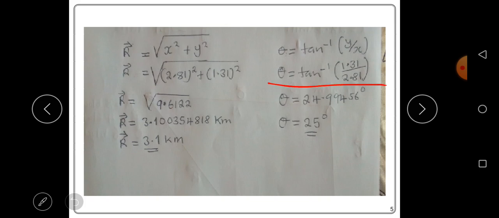When you replace and punch on a calculator, we get 24.99456 degrees, which in two significant figures is theta equal to 25 degrees. So at this point, we can also say that what we found is correct.